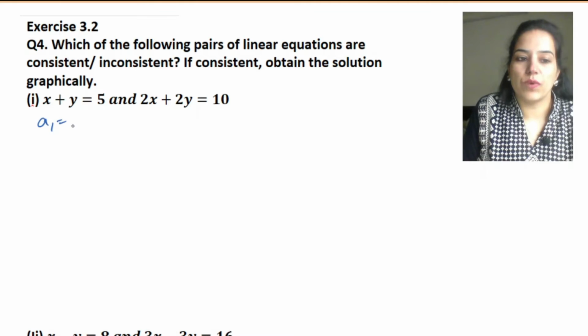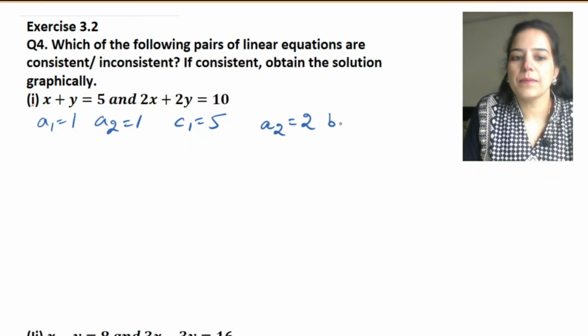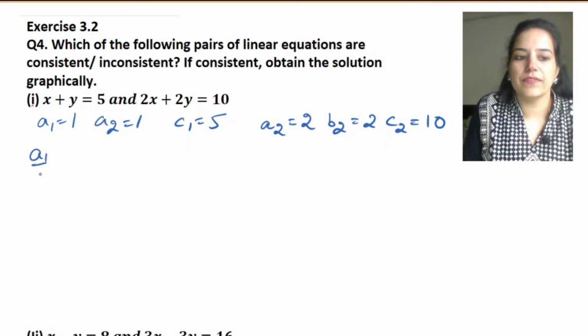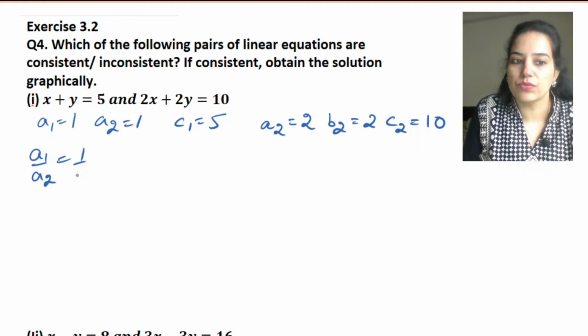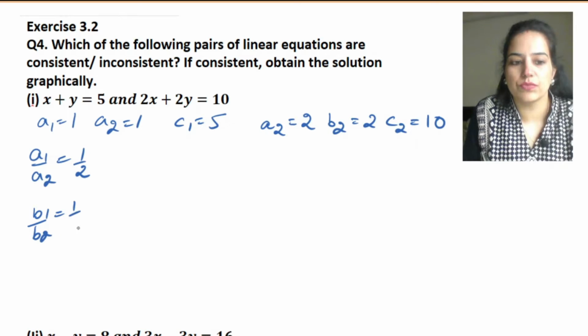Now A1 is 1, B1 is 1, C1 is 5. Then A2 is 2, B2 is 2 and C2 is 10. So we can see here that A1 by A2 is 1 by 2. Then B1 by B2 is also 1 by 2.